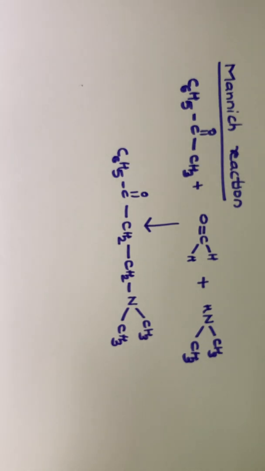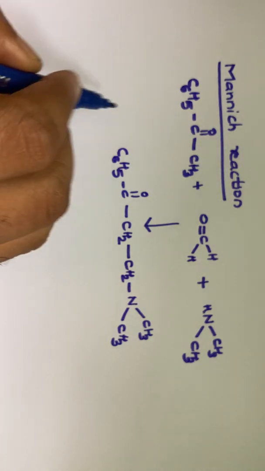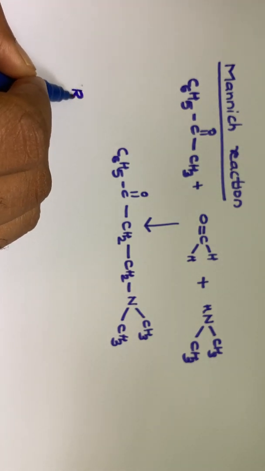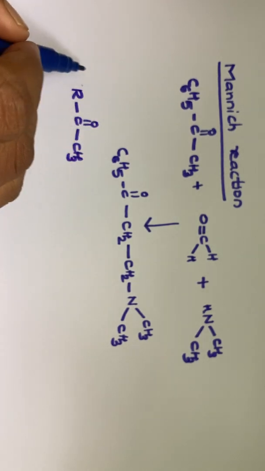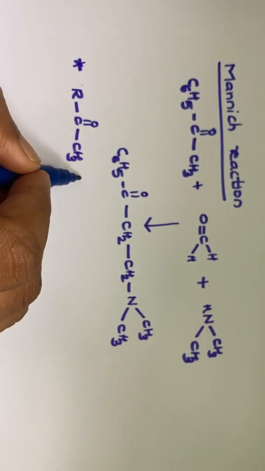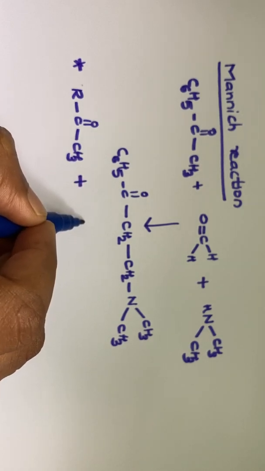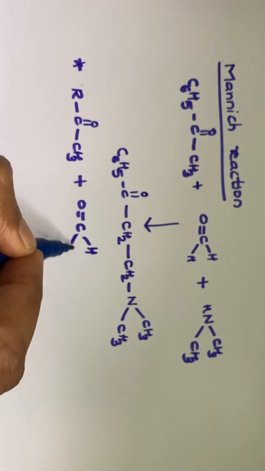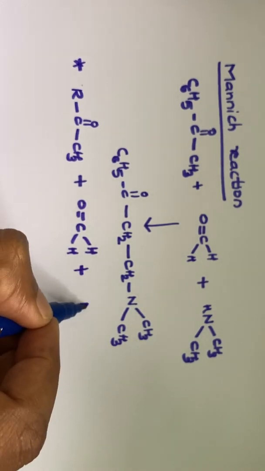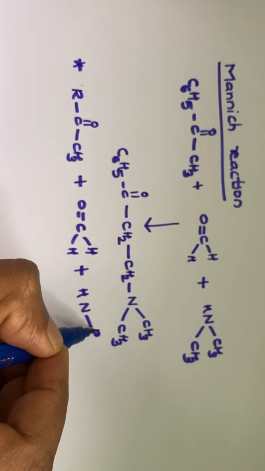So if I want to write a general reaction, R, C double bond O, CH3 plus formaldehyde, C double bond O, HH, plus secondary amine.